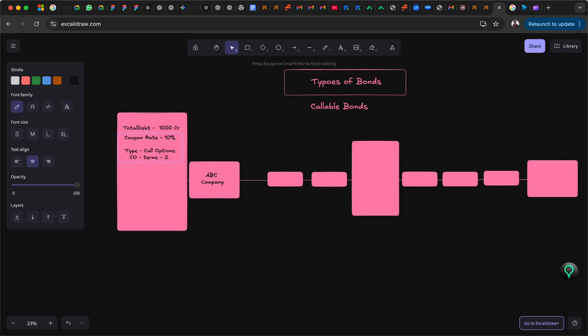Call option terms, 2 years. Total maturity, 5 years.